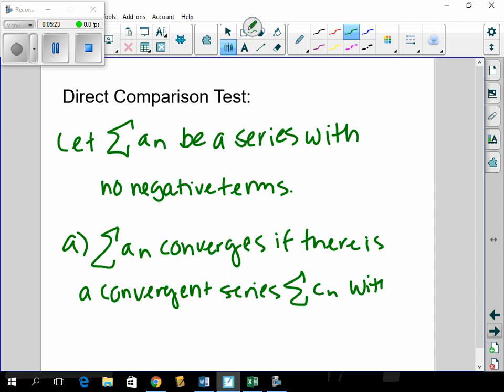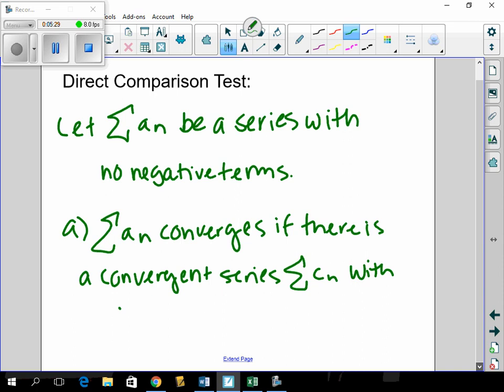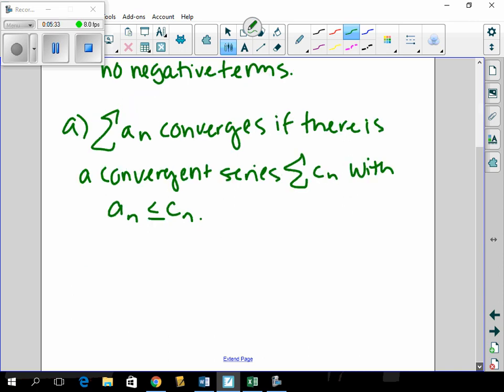And this is very important, with a sub n less than or equal to c sub n. What this means is all of the terms in my a sub n sequence are less than the terms in my c sub n sequence. So a sub n converges if I can show that all the terms are less than my convergent series.